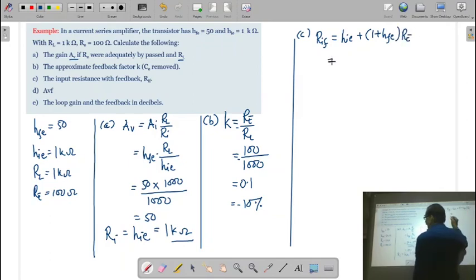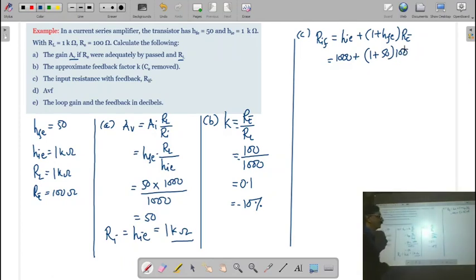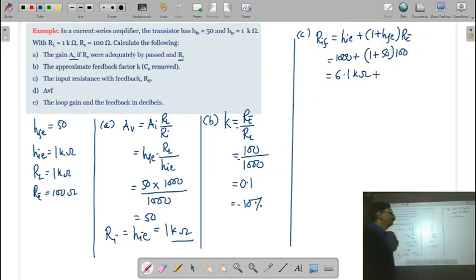So HIE is 1 kilo ohm plus 1 plus HFE 50, and RE is 100 ohm. Okay? So we can use the direct formula, and this RIF comes out to be 6.1 kilo ohm, that is the input resistance of the feedback amplifier.